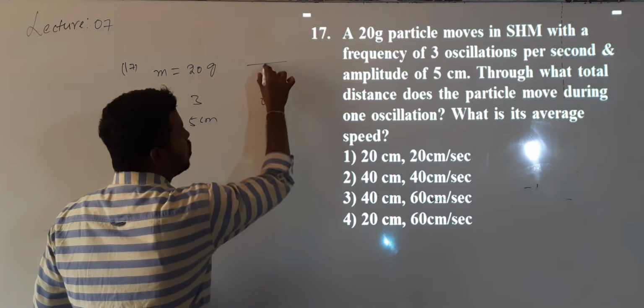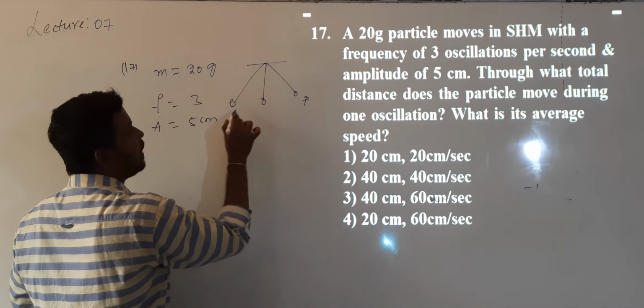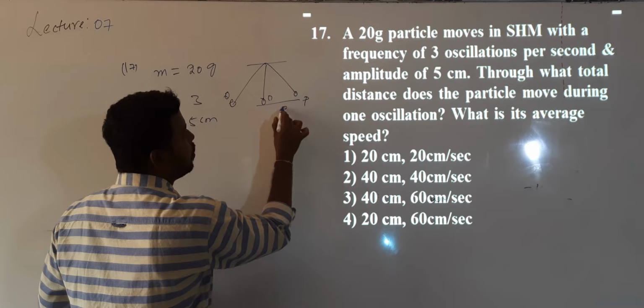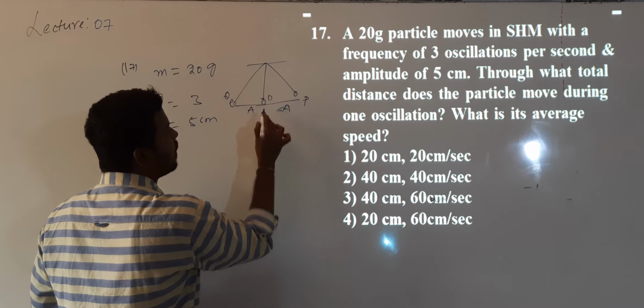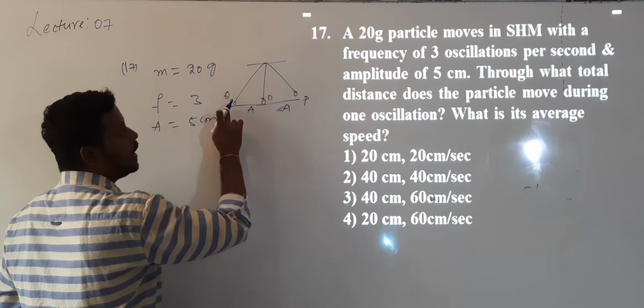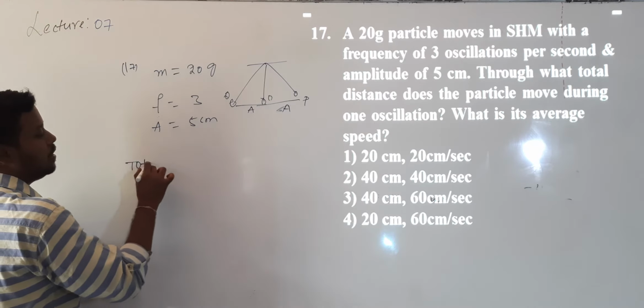How can you calculate the total distance? Let us suppose the particle started the journey from P, this is O and this is Q. So P to O is the amplitude A. Again O to Q is the amplitude A. For one oscillation, the particle will go from P to Q and Q to P. So what is the total path length for one oscillation?